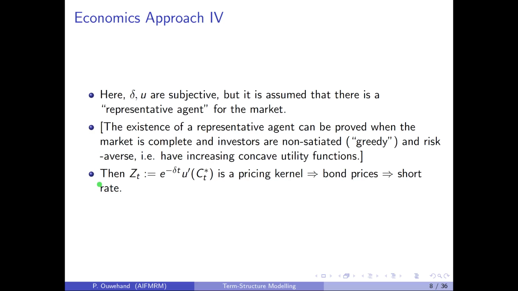In that case, the expression for the price of the asset that we derived on the previous slide will show that Z_t equal to e to the minus delta t u prime c star t is a pricing kernel. Once we have a pricing kernel, that will imply zero coupon bond prices, and zero coupon bond prices will imply an interest rate.